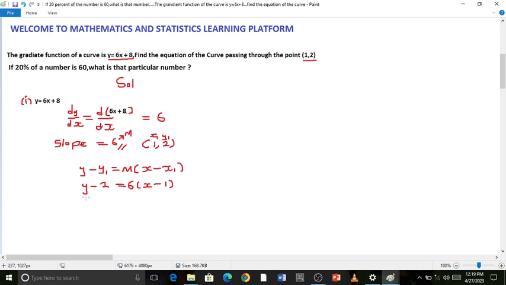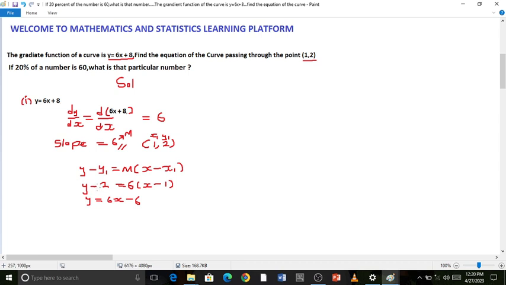When you expand, or multiply through by 6, 6 times x gives you 6x, and 6 times negative 1 gives you negative 6, and then you have negative 2 there.